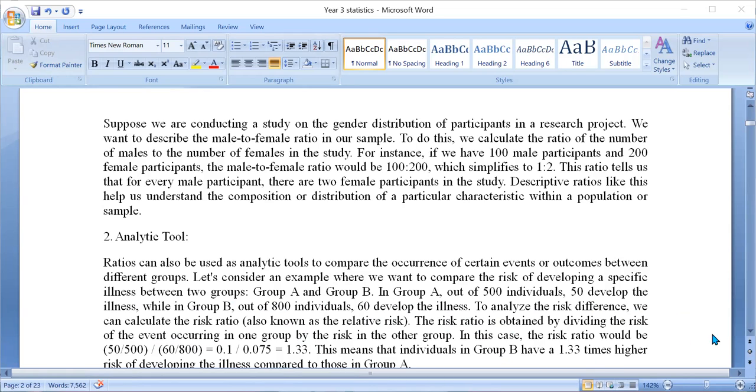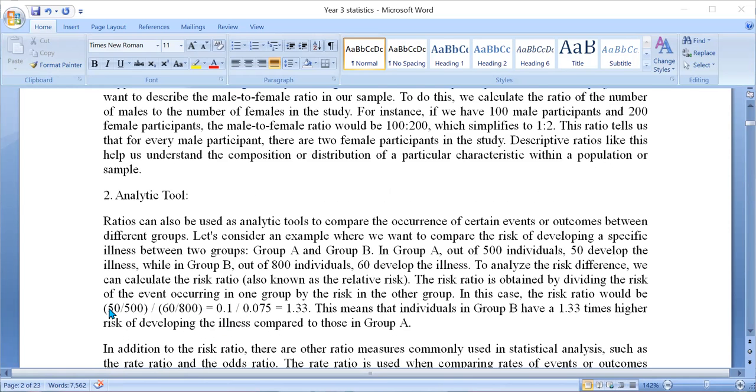In this case, the risk ratio would be the 50 people who developed breast cancer over the total population who participated in the study, that is for group A, and 60 persons who developed breast cancer over the total number of persons who participated in group B. So 50 divided by 500 will give you 0.1, and 60 divided by 800 will give you 0.07.